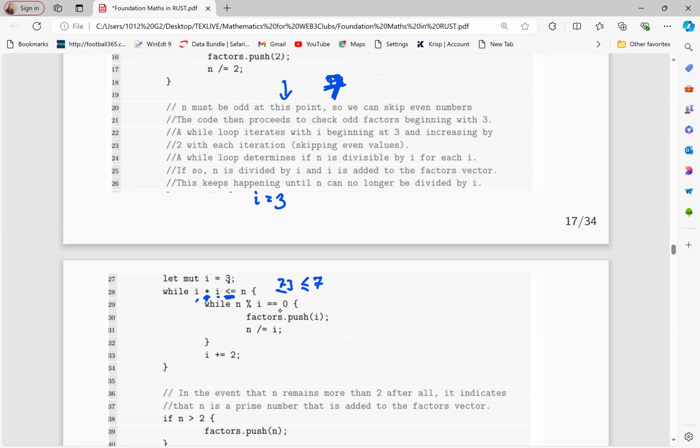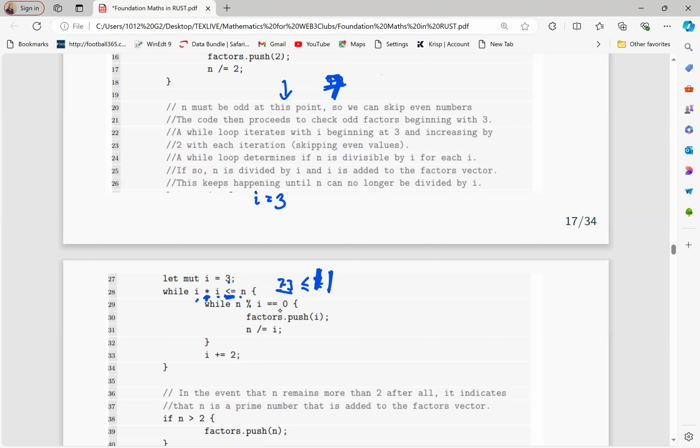So it means this condition has not been met. If this condition has not been met, you proceed to the next condition. But let's suppose that we are coming with 11. If you are coming with 11, you can see that 11 is greater than or equal to 3 times 3. So it fulfills the condition.